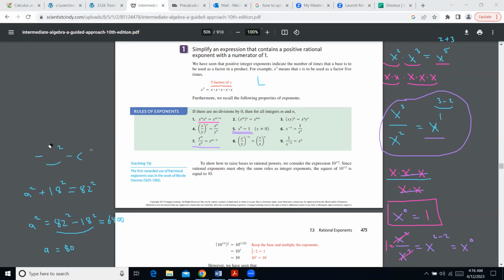On one hand, I produced number 1 in here, and on the other hand, it's equal to x to the power of 0. And that's exactly what justifies formula number 5. And that's very interesting, right? 0 power giving us 1 may not seem very intuitive, but actually there is a justification for it.